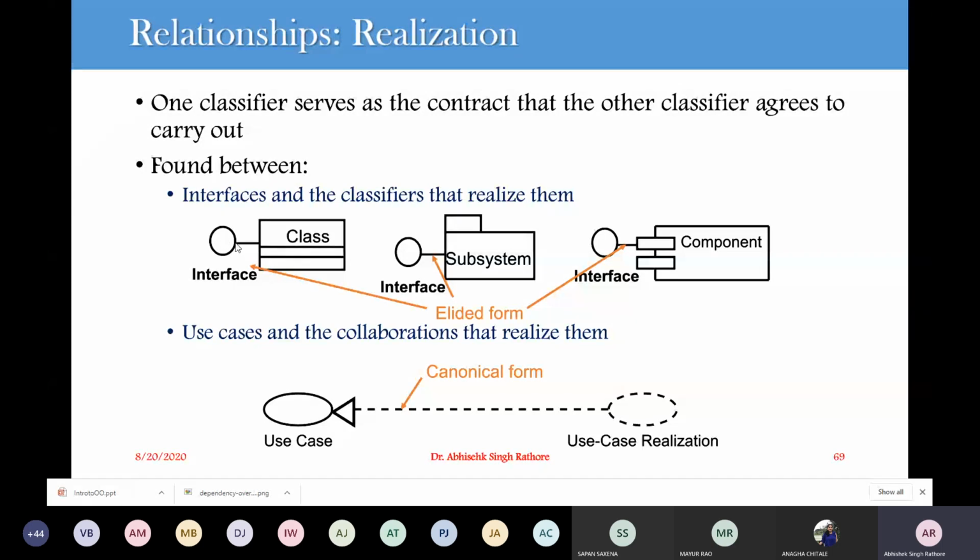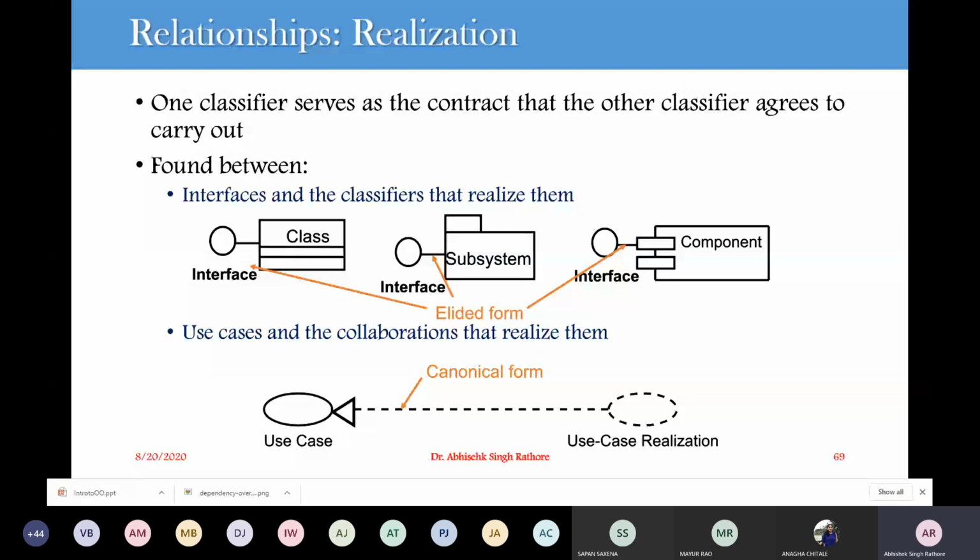So this class implements all those things, and to use the definition of the class, instead of providing the whole definition, to implement modularity as well as encapsulation, we will provide an interface for this class. So any user or client of this class will use this interface, and this class will realize all the functionalities of the interface, in this class, or in this subsystem, or in this component. So we have two different types of diagrams for the realization.